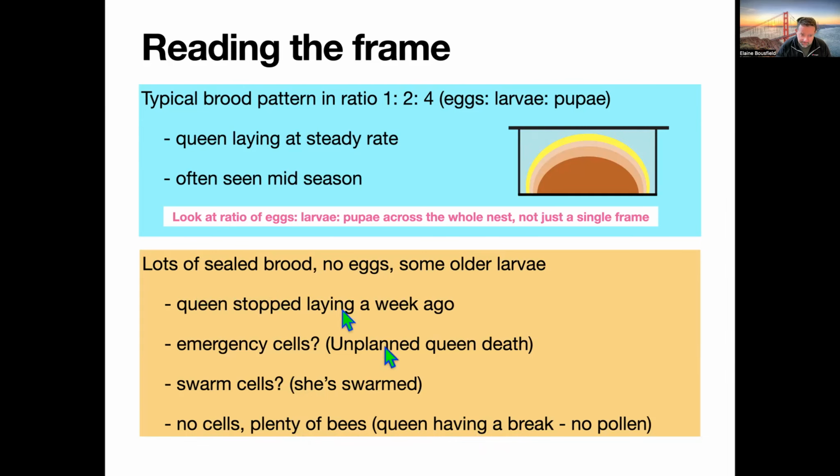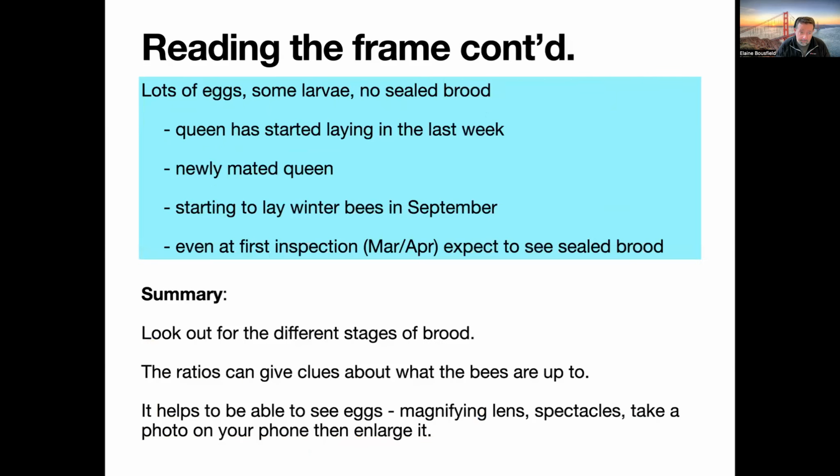But nevertheless, the fact that you're not seeing the ratio of 1 to 2 to 4 is giving you a clue that something's afoot. And the opposite is, of course, that you've got no sealed brood at all and plenty of eggs and larvae. So that means that you certainly have got a laying queen, but she's only just started recently. So it could be a newly mated queen, or she could have had a break and started to lay again.